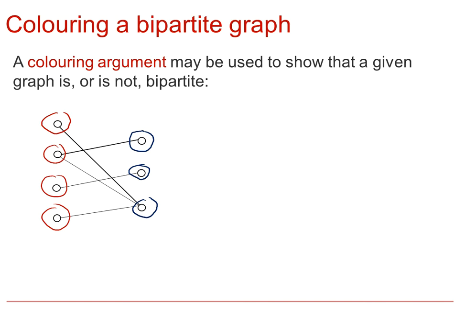This implies that all bipartite graphs are 2-colourable. Also, if we consider a 2-colourable graph, then this must mean that all one colour only join to the other colour. In other words, that there are 2 sets, and therefore that the graph must be bipartite.